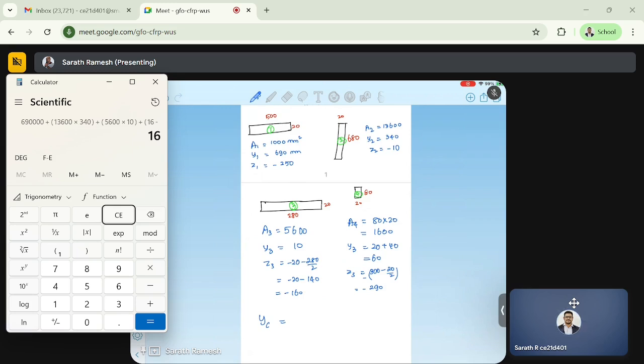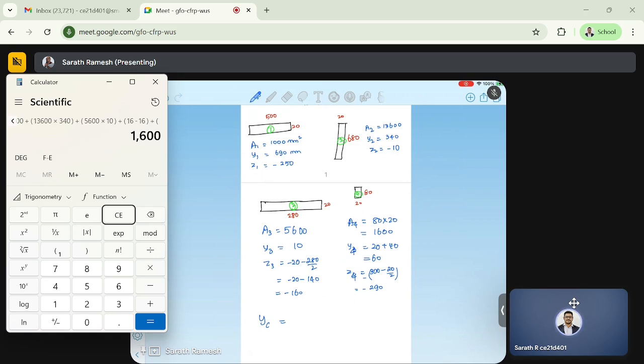Oh, I made a mistake. Sorry, okay, 16 minus 16 is nothing, plus 1,600 times Y3 is 6. Sorry, it's Y4. Why am I writing Y3 here? Y4, Z4.